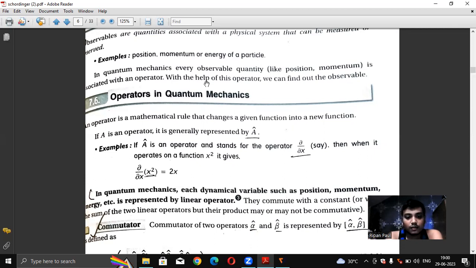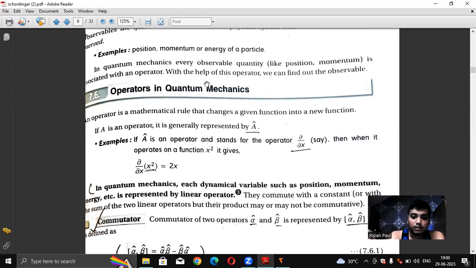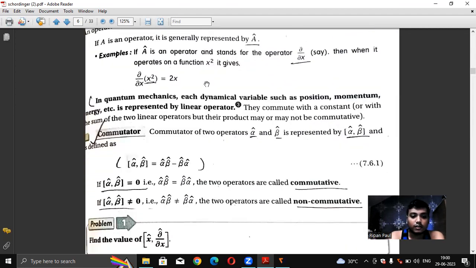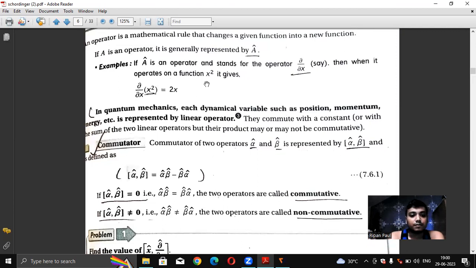In vector calculus, you will find these things easy to learn. If A is an operator, it is generally represented by A cap. This is explained by Schrodinger. X square it gives. See, partial derivative here is done.